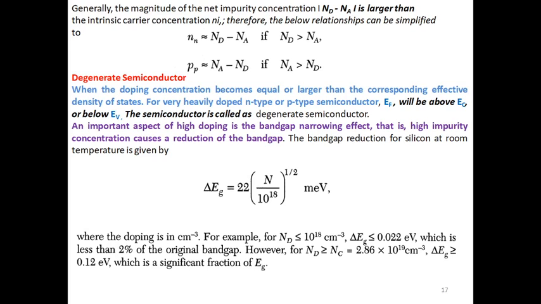This value is very small, approximately 2% of the original band gap of silicon, 1.12 electron volt. But if N_d is greater than or equal to the effective density of states in the conduction band, N_c, then delta E_g becomes 0.12 electron volt, which is significant compared to the band gap of silicon, 1.12 electron volt.